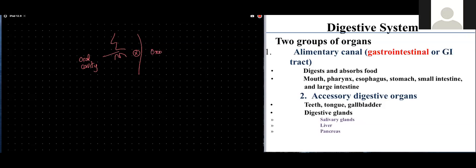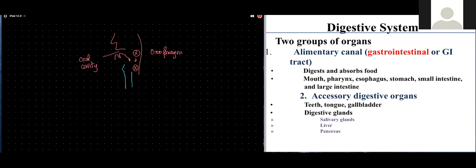Oropharynx, exactly. And if you remember, the oropharynx is going to be a common pathway for both air and food. It's going to be conducting the food down to the part of the pharynx located posterior to the larynx.